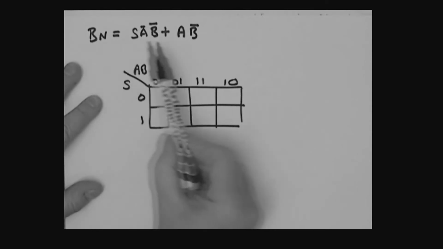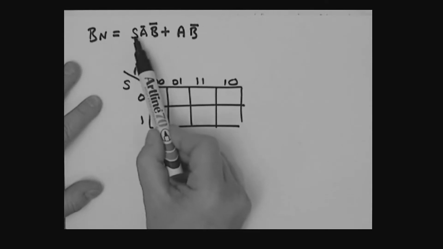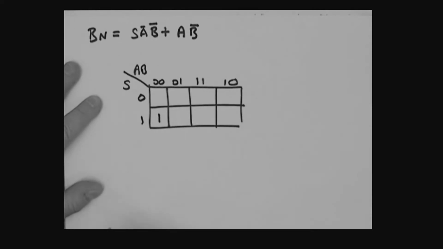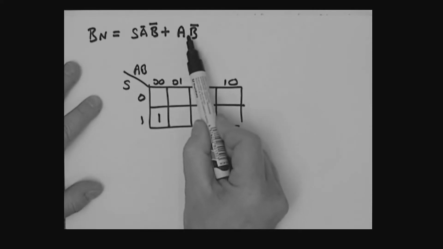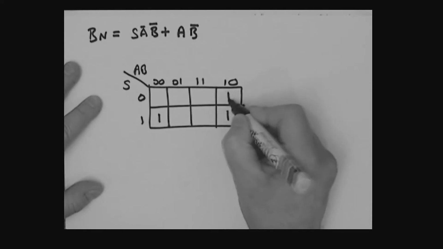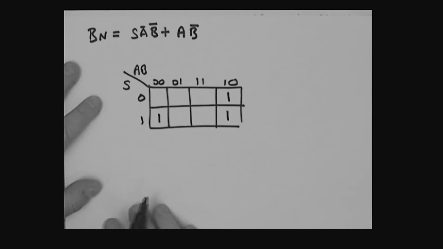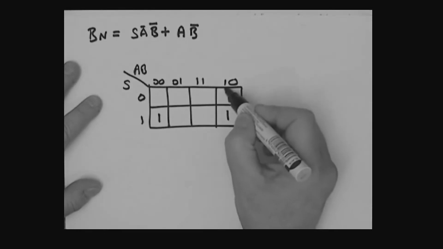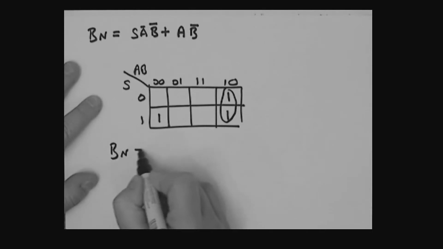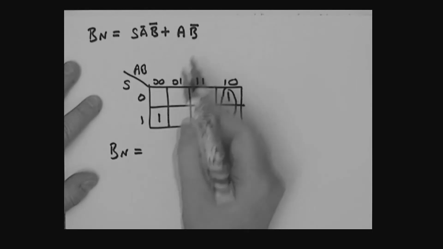All right, let's do this. Okay, S, A bar, B bar would be a product term sitting here. Okay, what about A, B bar? All right, that's A, B bar, isn't it? So I've got a 1 sitting here and a 1 sitting here. Okay, does this minimize? Well, yeah, look, that's what we had before. I've got to grab those two. So Bn is what? It is just simply A, B bar.